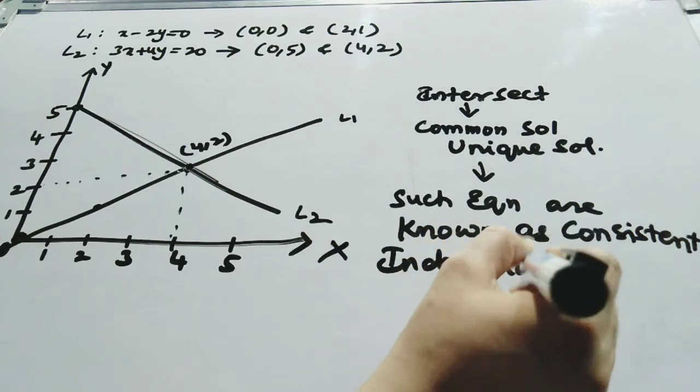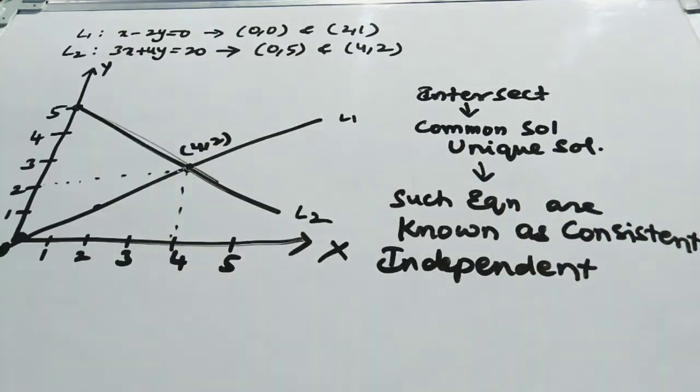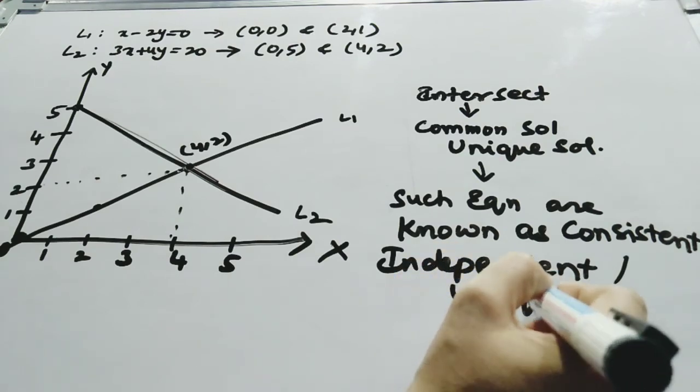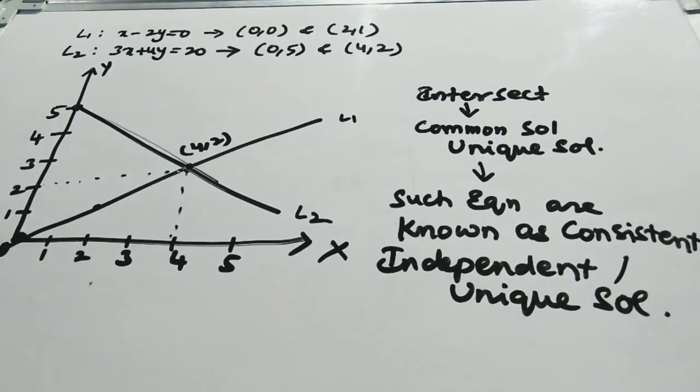It is not dependent on each other. It is independent because it has a unique solution, and since the lines intersect at one point, that is called the common solution.